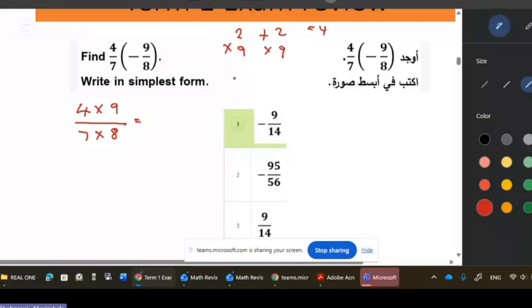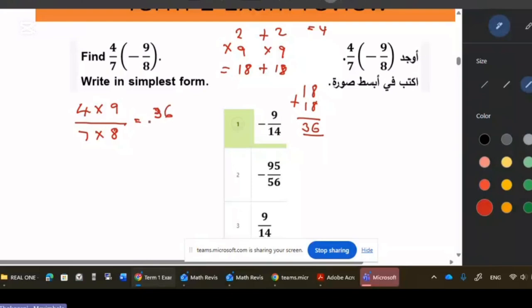What is 9 times 2? 18. And another 18, right? Now, what is 18 plus 18? 36. So 4 multiplied by 9 equals 36. So the answer is 36.